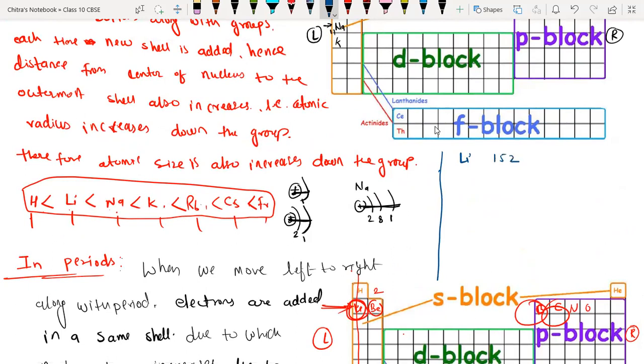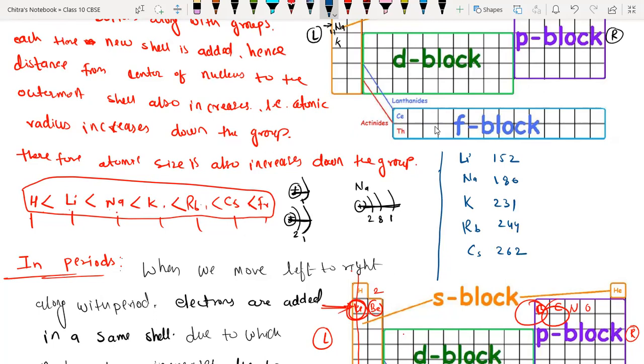After lithium we have sodium, 186. Then potassium, 231. Then rubidium, Rb, 244. Then cesium, Cs, 262.